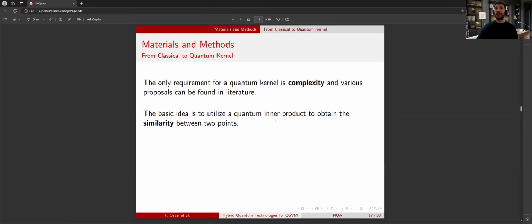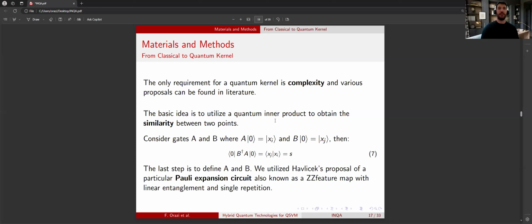For the quantum kernel, the only requirement, as I said before, is complexity. And in our experiment, we will go against this principle for many reasons that I will explain later, but mainly because we decided on a simulation of a quantum kernel. Obviously, complexity does not go well with simulation. The basic idea for the similarity is to use a quantum inner product.